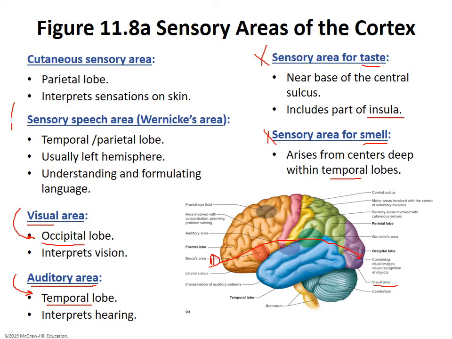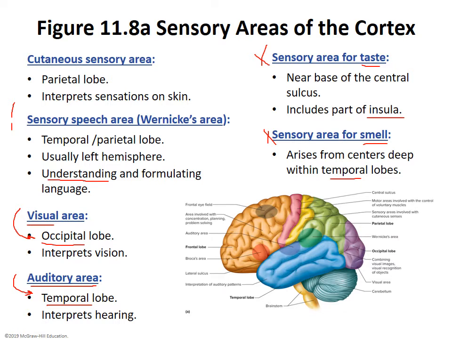Sensory speech area. This is called the Wernicke's area. The Wernicke's area is the area where, when I hear something, it comes in, and I'm going to have a part of my brain, which is called the Wernicke's area, that is going to hear it.